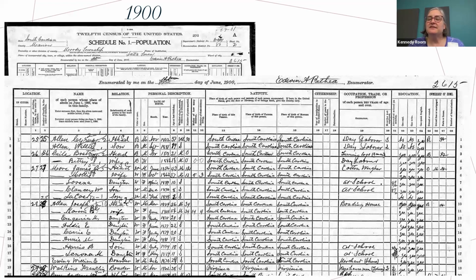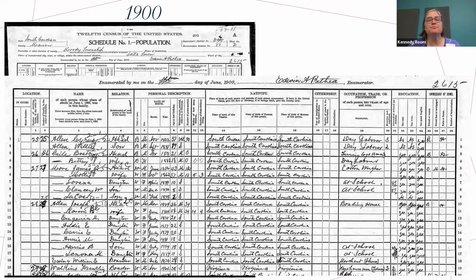The relationship to head of household, personal description, including color, sex, month and year of birth. It's the only census that has asked that to this point. Age at last birthday, whether they are single, married, widowed, or divorced. The number of years married. Females are asked, mother of how many children, and how many children are still living.